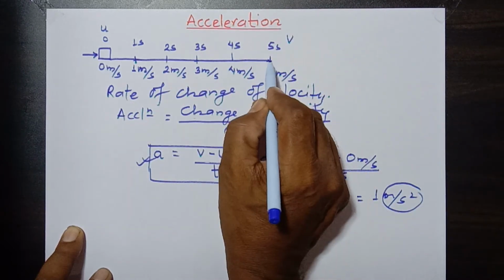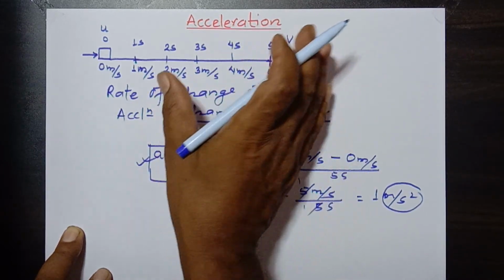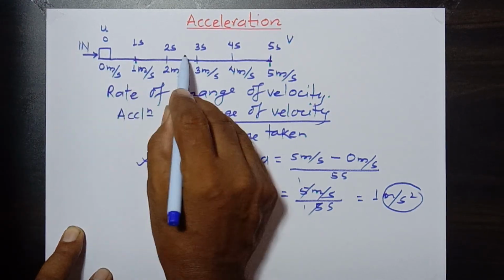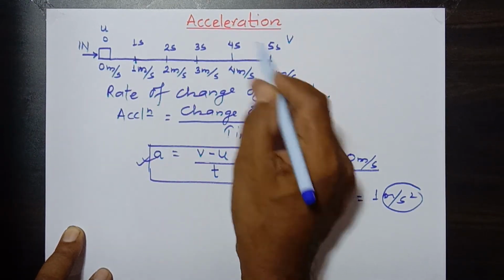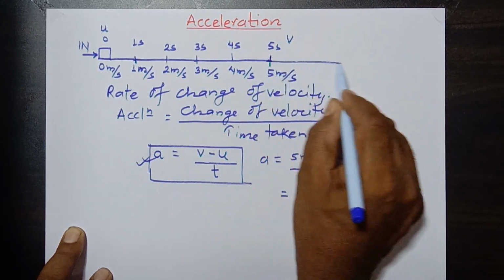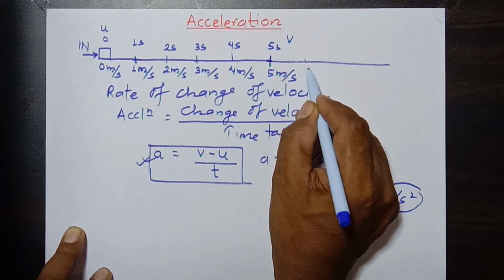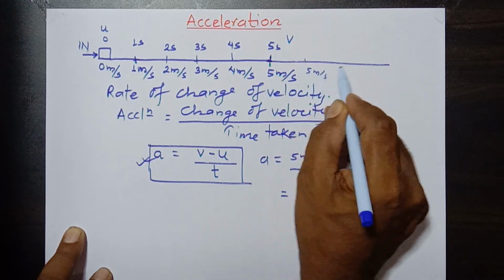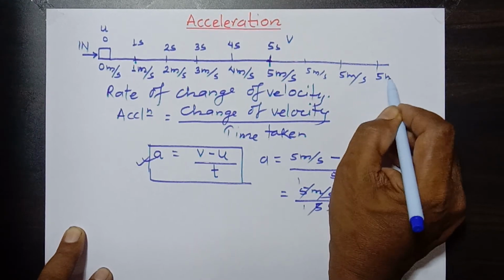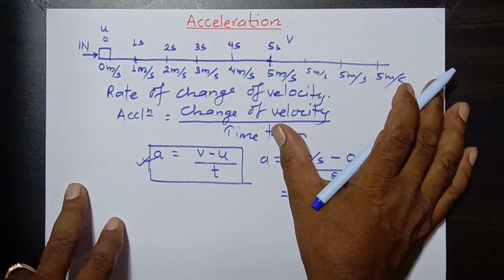But when force is ceased, let's say here 1 Newton force is continuously applied, but at the end of 5 seconds, if force is ceased, no more force is applied, then it keeps on moving with the same velocity, 5 meter per second, again 5 meter per second, again 5 meter per second, because force is not applied now.